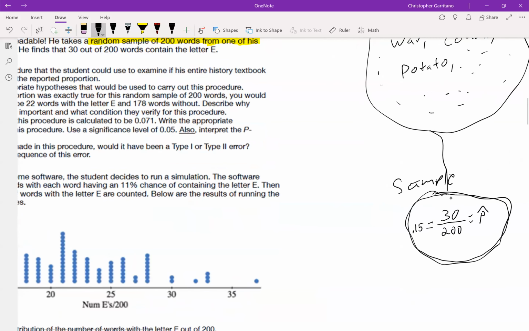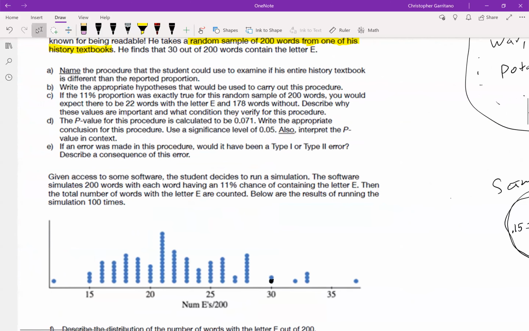Notice that the number of E's out of 200 words that were selected was 30. And so this single sample would be one dot on this dot plot. Okay, so that would be the result of one simulation.